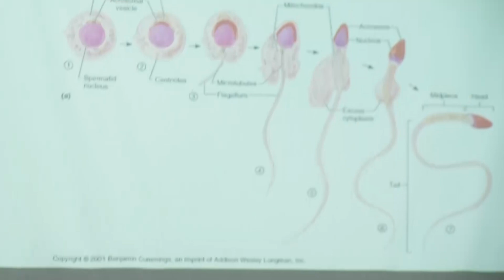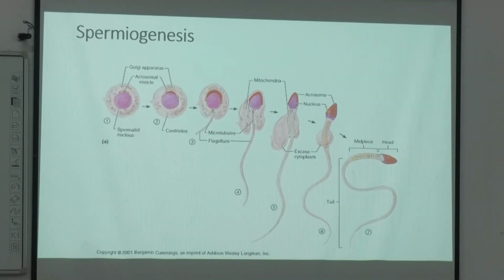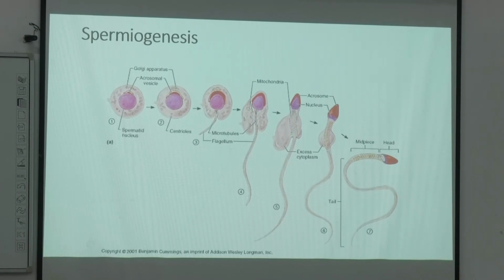Once the sperm reaches the spermatid stage, further modification of the spermatid takes place and it becomes like this. This process of transformation of the spermatid into a mature sperm, or spermatozoon, is known as spermiogenesis.